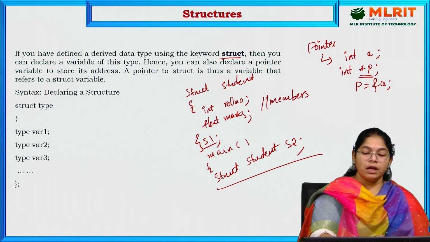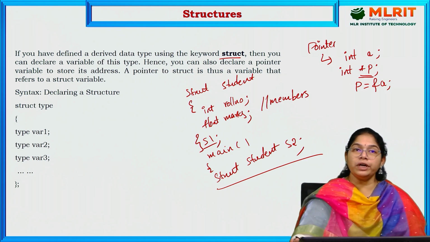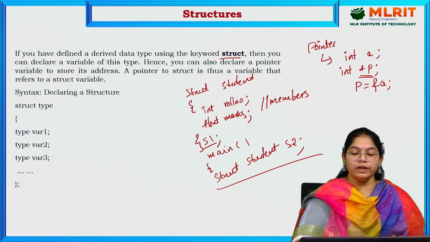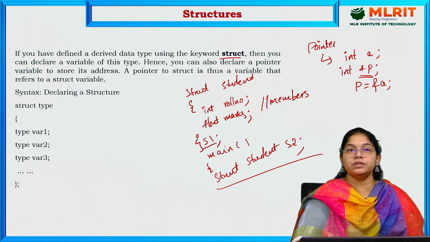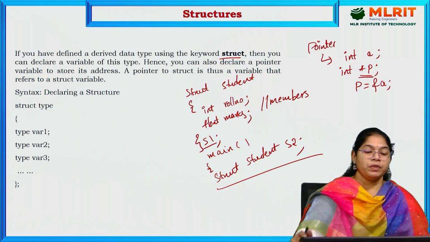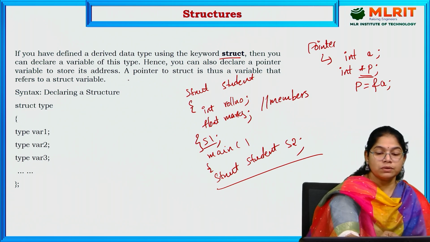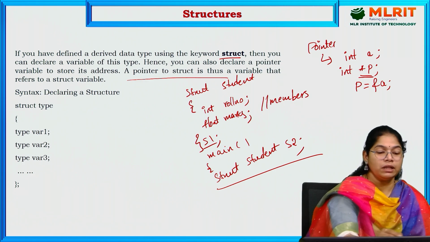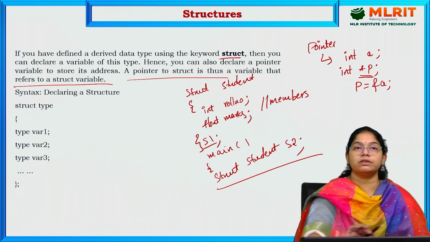Now I want to create a pointer for a variable which is of type structure. So the pointer must also be of structure type. A pointer to struct is thus a variable that refers to a structure variable.